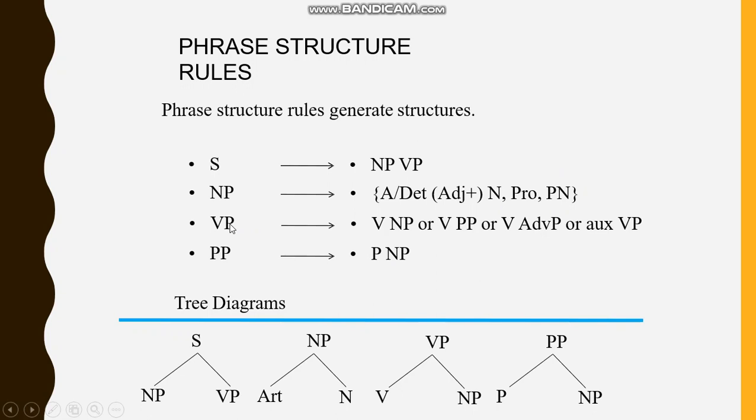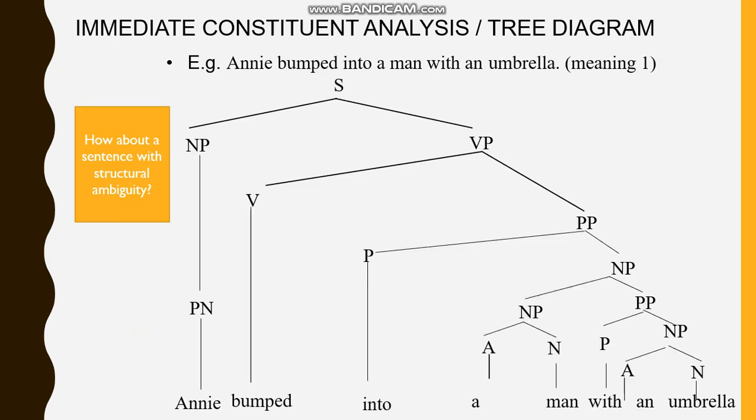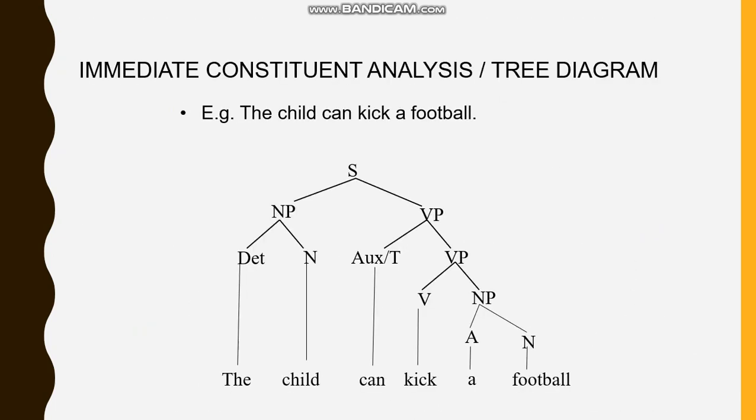A verb phrase can be verb phrase and noun phrase, verb phrase and prepositional phrase, verb phrase and adverbial phrase, or auxiliaries and verb phrase. And a prepositional phrase has a preposition and a noun phrase. This is the symbol used; you have to read it by yourself. Okay, so we are going to go back here.